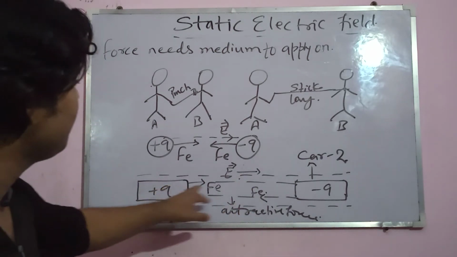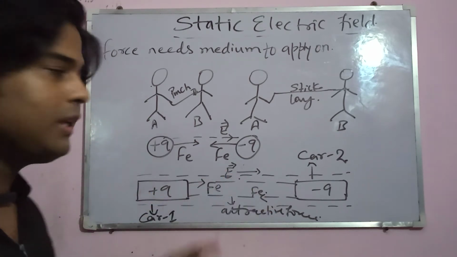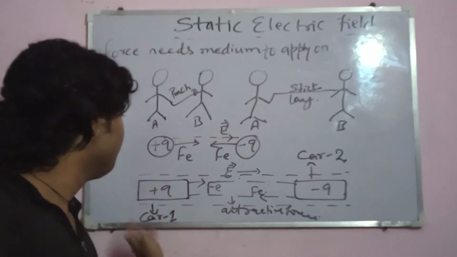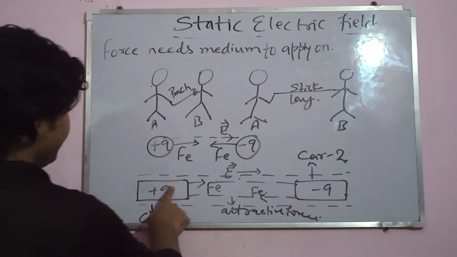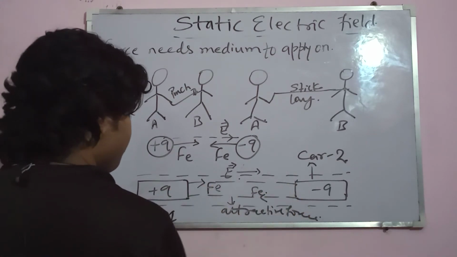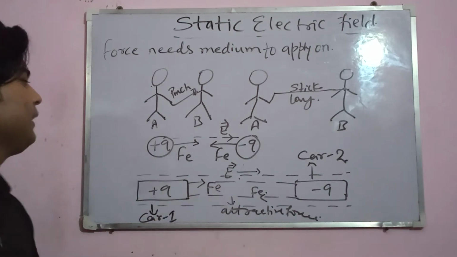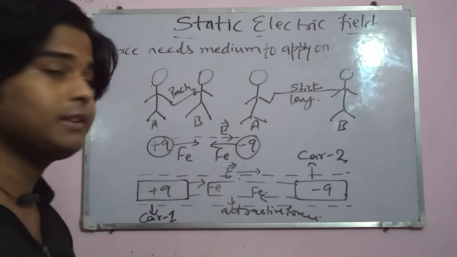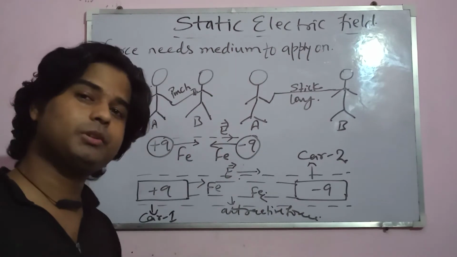It applies the same force to this and the same force to that. So according to Newton's law, within this closed system, the net force is 0. But each also experiences some force, and they are acting towards each other. This force is the relation, and this relation needs a medium to travel on, and that medium is the electric field between these two charges.